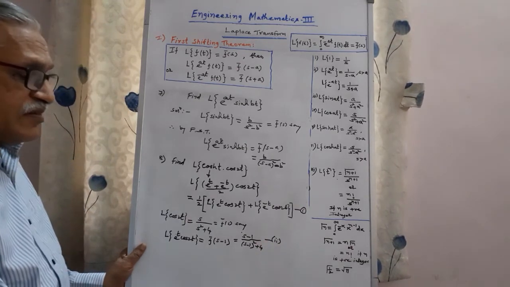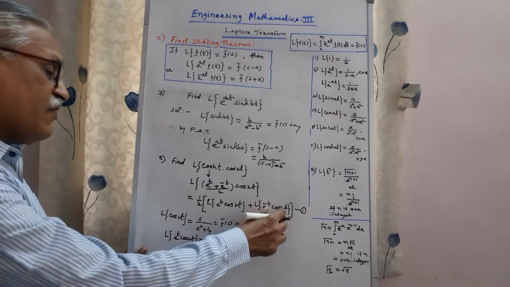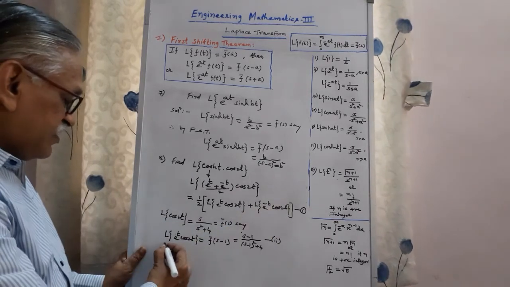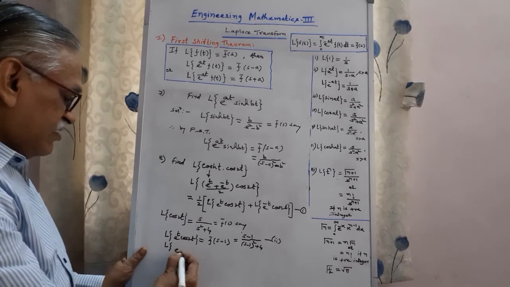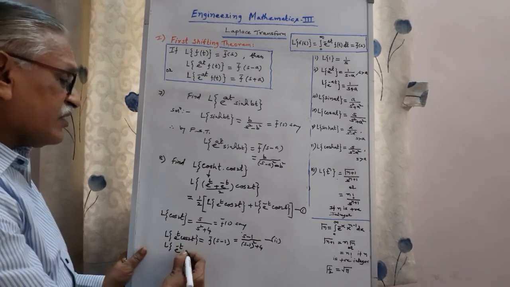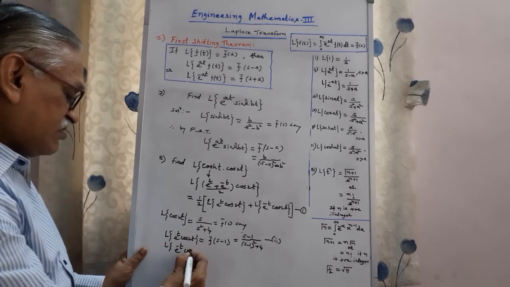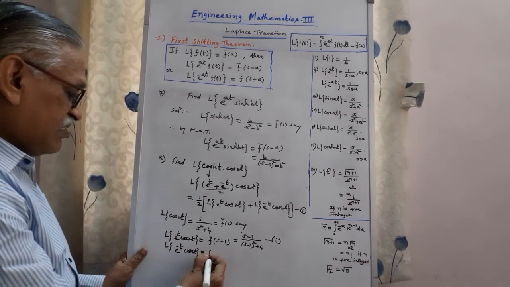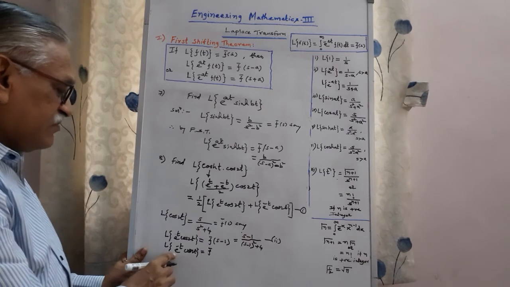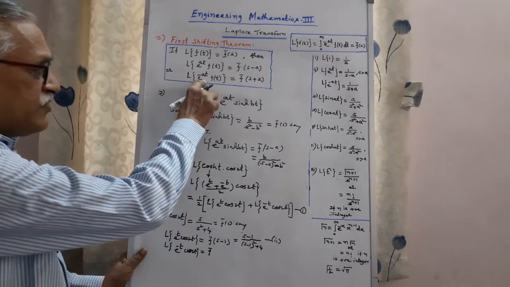We call this equation 2. Similarly, we can find the Laplace of the other term once again by applying the first shifting theorem. Laplace of e raised to minus t into cos of 2t is f bar of s plus a, since it is an e raised to minus at type of term.